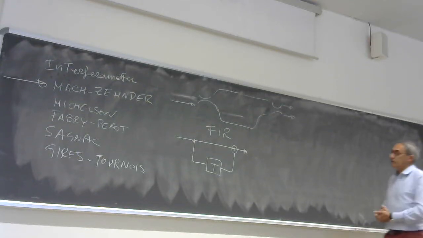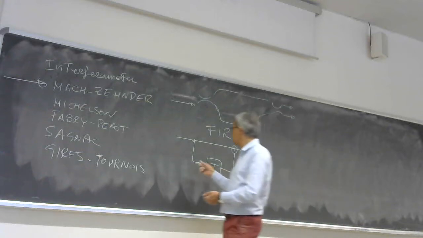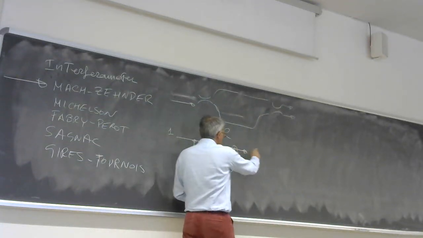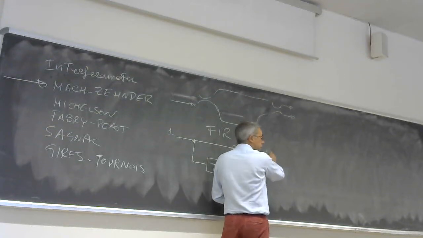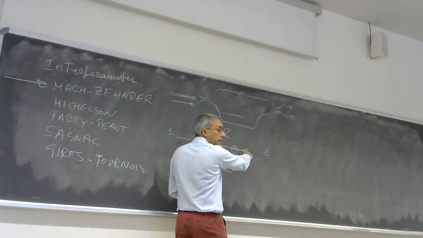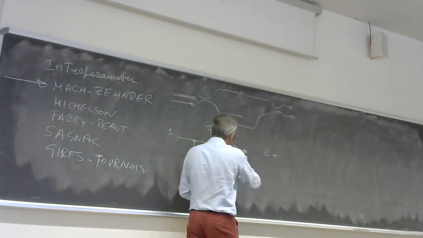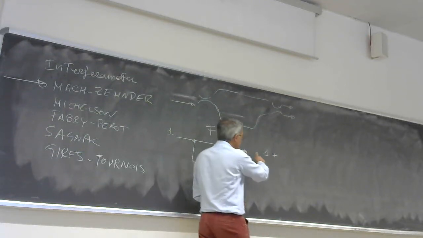And what is the transfer function of this? If you enter with 1, you combine the two. So basically you combine one straight path plus another one that has been delayed.